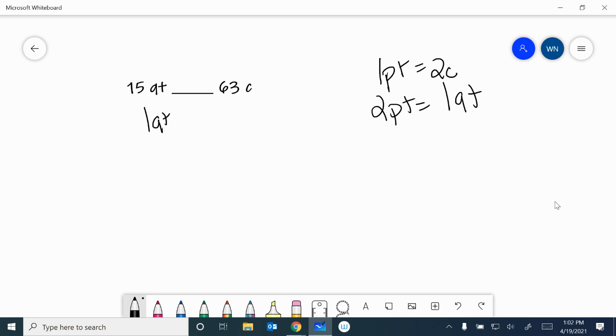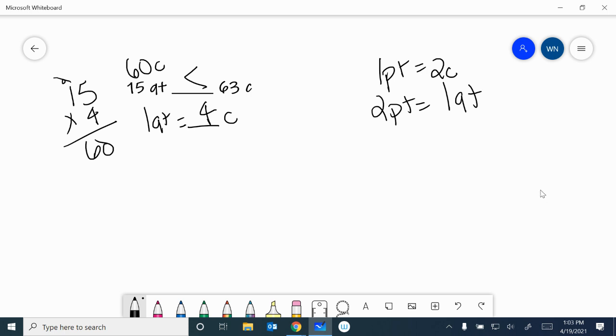So 1 quart equals 4 cups. So we're going to figure out how many cups would be in these 15 quarts. 15 times 4 would be 60 cups, and 60 cups is less than 63 cups. So my answer is less than.